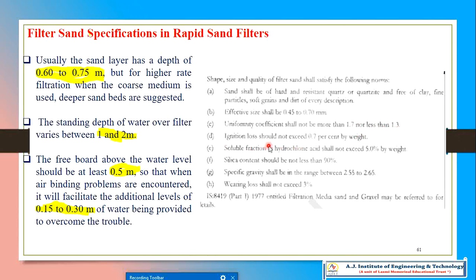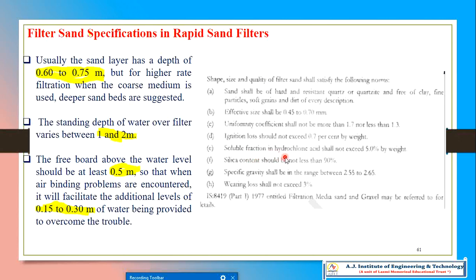Ignition loss should not exceed 0.7% by weight. That is the ignition loss of the sand: when you ignite it, there should not be loss of sand beyond 0.7% by weight.